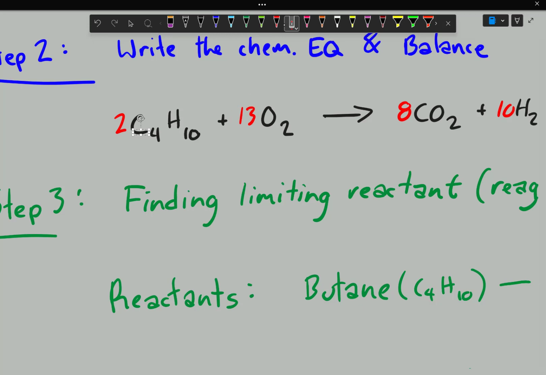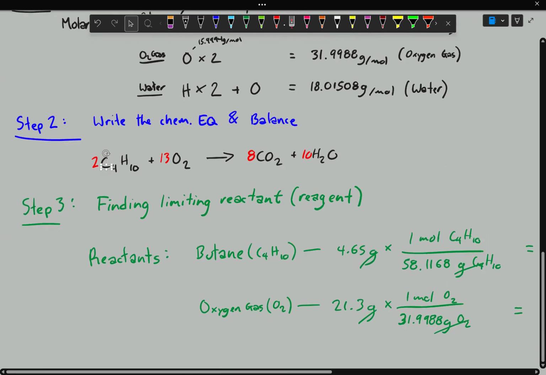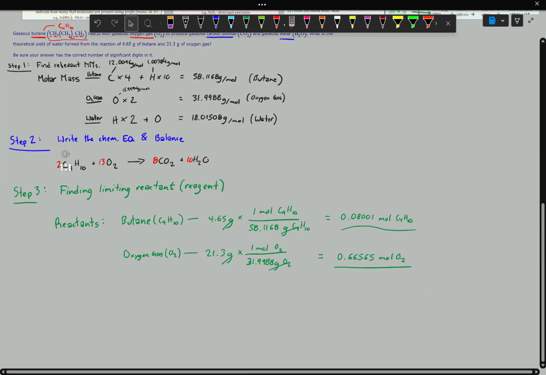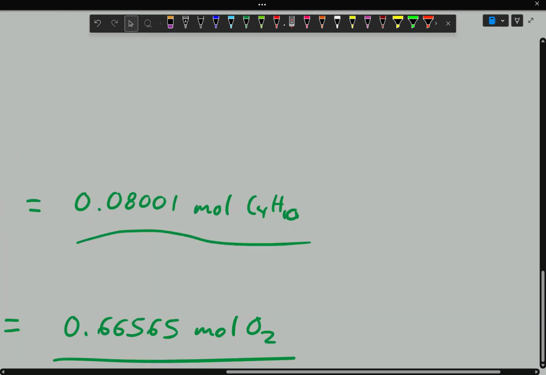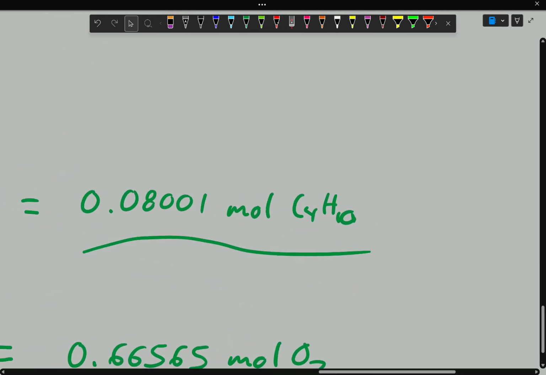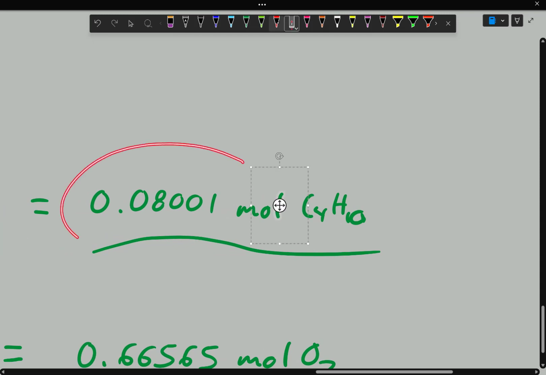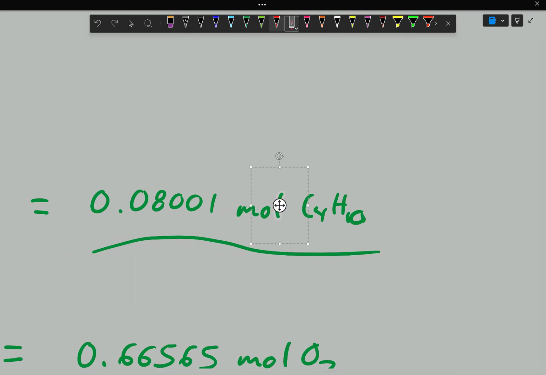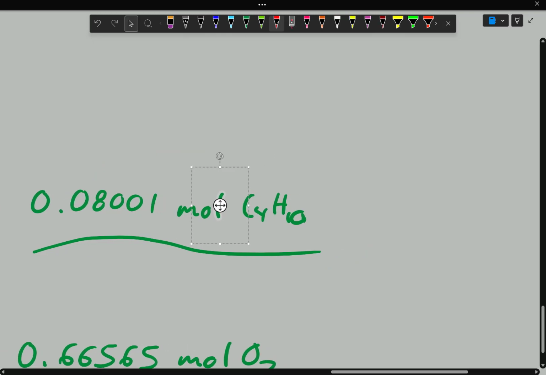So we can use this to form a molar ratio and find out how much oxygen gas will be used by 0.08001 moles of butane.